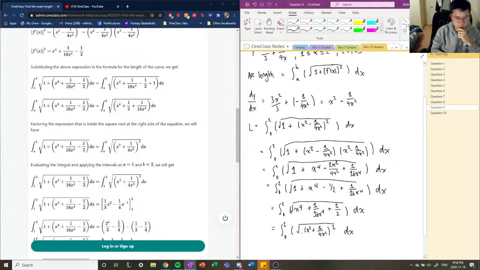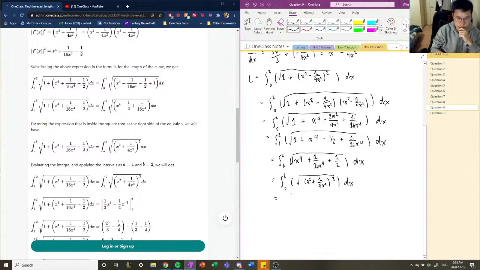Because of that, we can get rid of the square root. All we're left with is the integral of x squared plus 1 over 4x squared, dx.